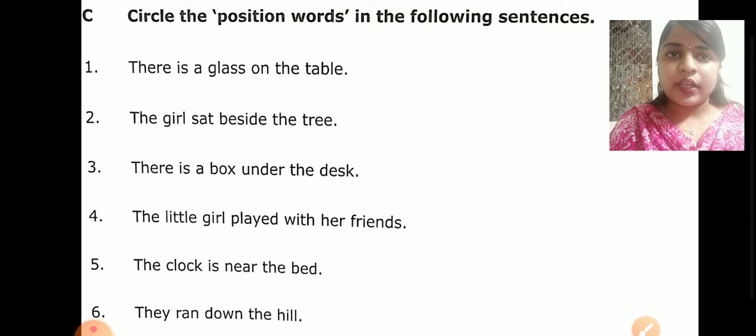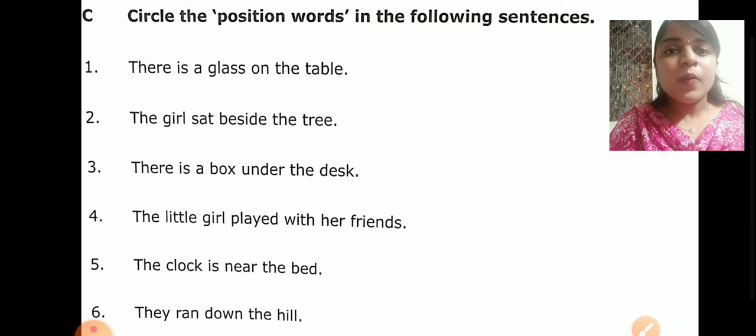The first one. There is a glass on the table. Now tell me, in this sentence, what is the position word? There is a glass on the table. What do you need to circle? You need to circle on.